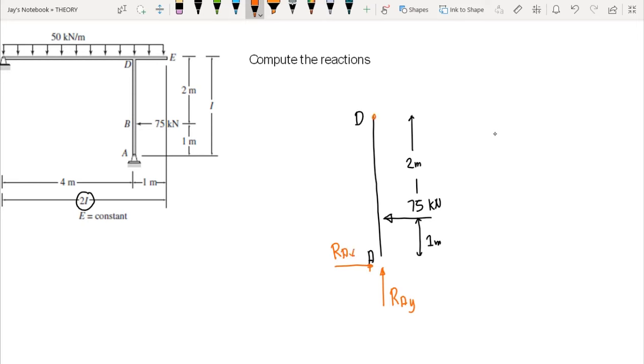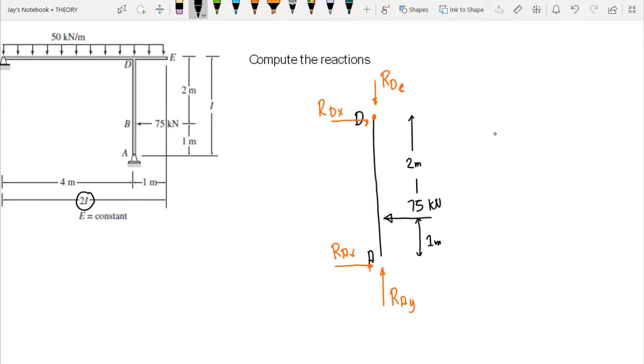And at point D, we have RD, let's say this is C, because we have the left, the right, and now let's make it C, or the center. Then we have the horizontal RDX, and of course the moment.